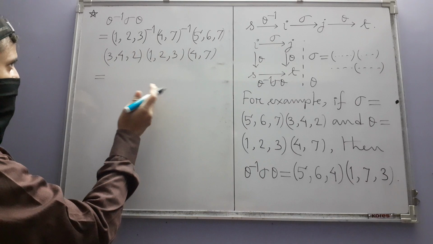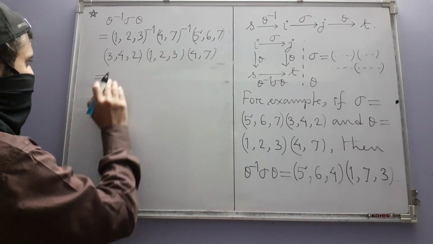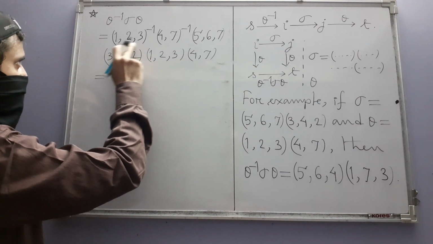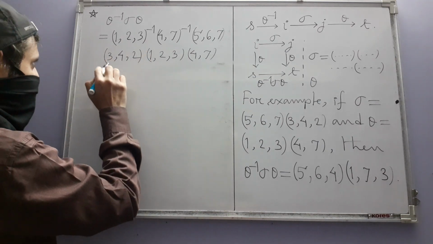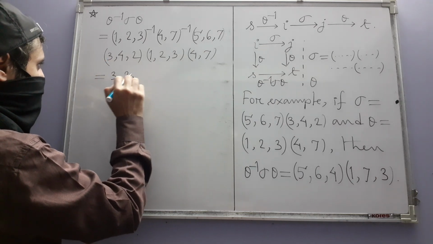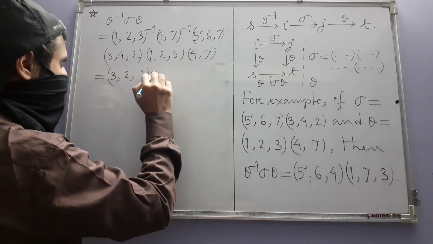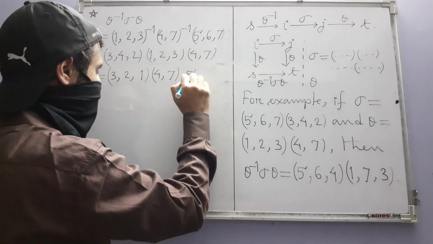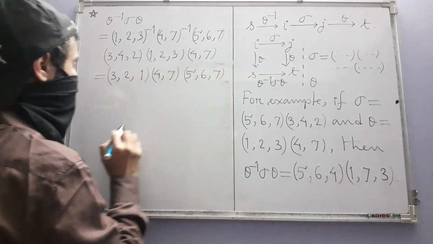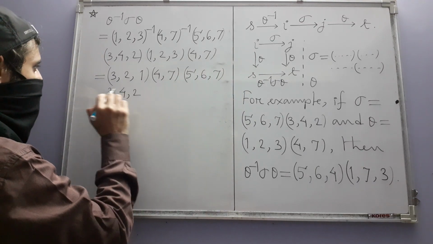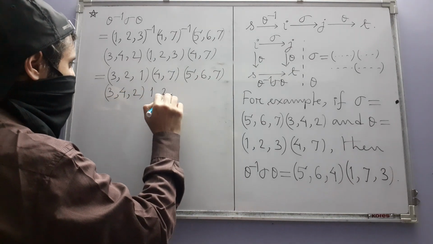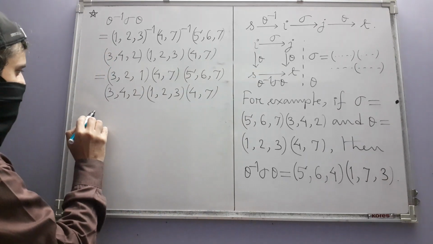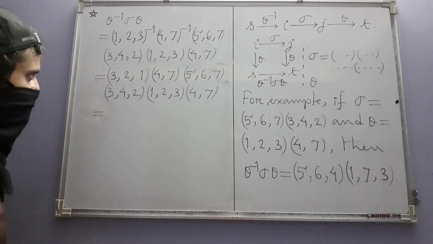The inverse of a cycle is obtained by taking the opposite order, the order opposite to what order these elements are following in the original cycle, that is (3 2 1). The inverse of a transposition is itself. So we have (3 2 1)(4 7)(5 6 7)(3 4 2)(1 2 3)(4 7).